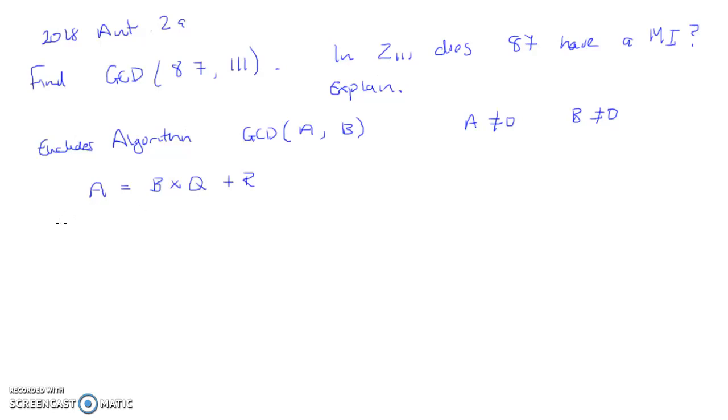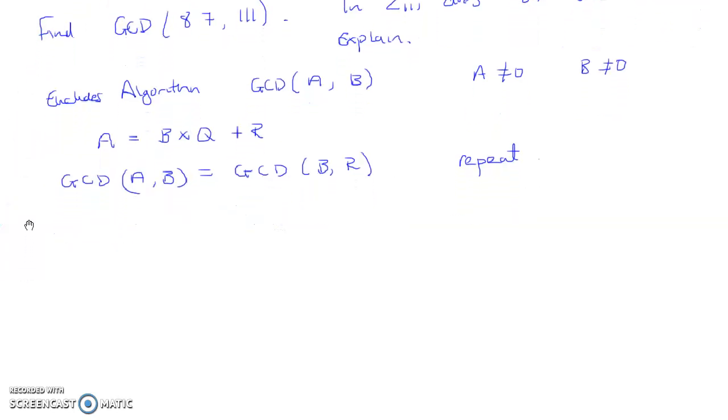And that the greatest common divisor of A and B is also the greatest common divisor of B and R. And then we repeat this. That's why it's an algorithm, because we keep repeating these steps over and over.